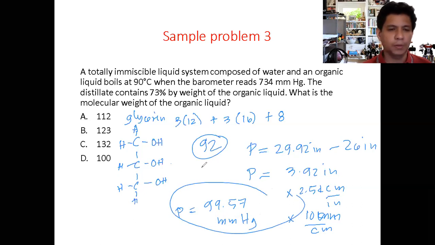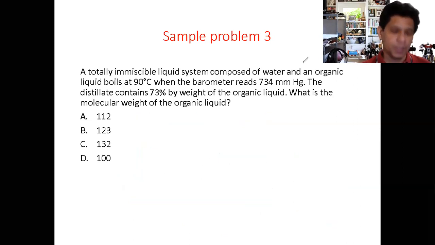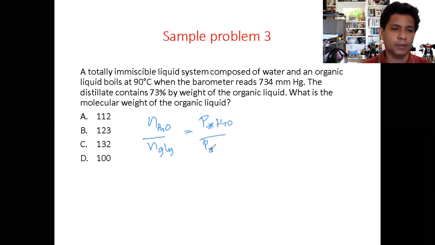Okay, so with these numbers, let's use the basic equation of steam distillation. Number of moles of water or steam over number of moles of glycerin is equal to P star steam or water divided by P star glycerin.